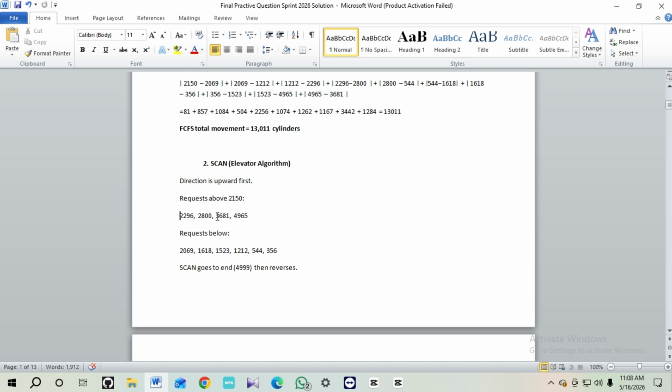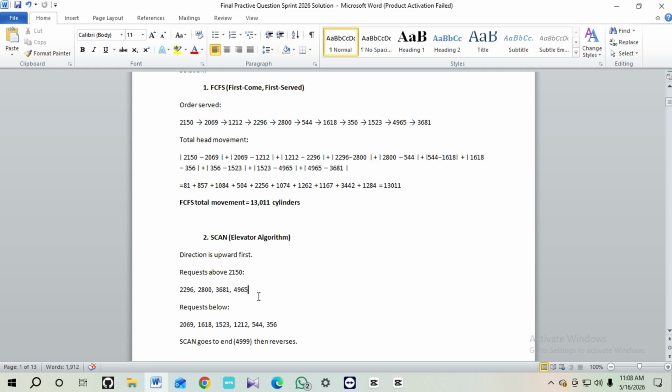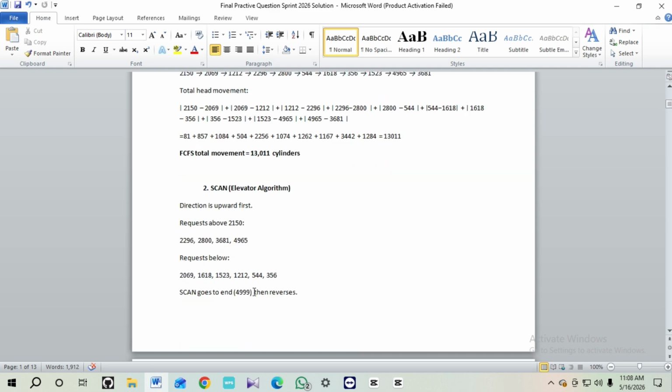Then 2800, it's even higher, so it goes a second step. Then 3681 is even higher, and at the end it goes to 4965.